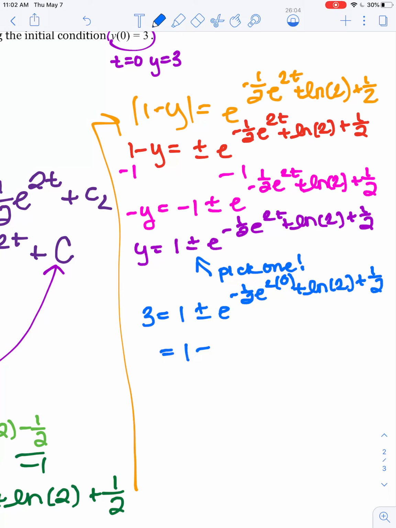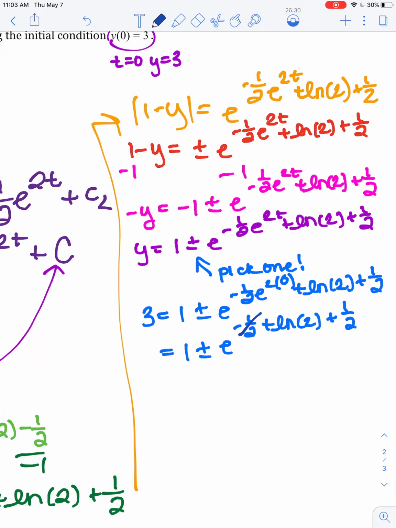I'm going to clean up that exponent a little bit. So still haven't decided plus or minus, but I have e raised to the negative 1/2. Notice the e to the 2 times 0 became 1. There's really multiplication of 1 to this negative 1/2, but I don't need to write that. Plus natural log of 2 plus 1/2.